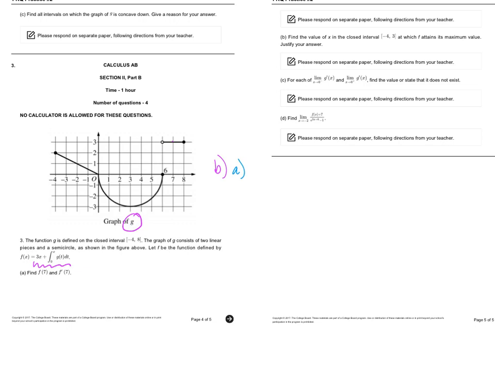The problem is I'm not able to look at this graph and know that. So the absolute max on f occurs at an endpoint or when f prime is equal to 0 or undefined.